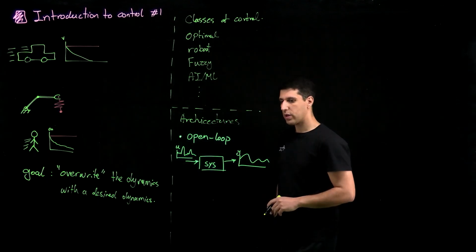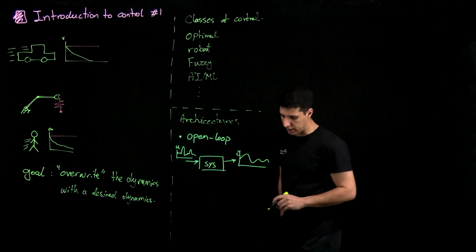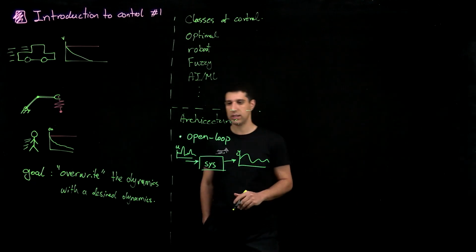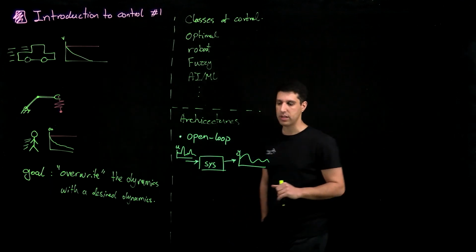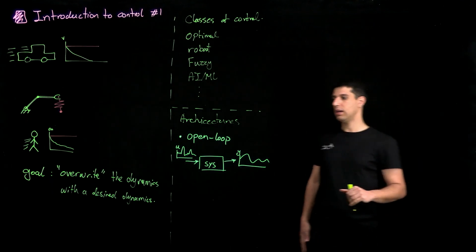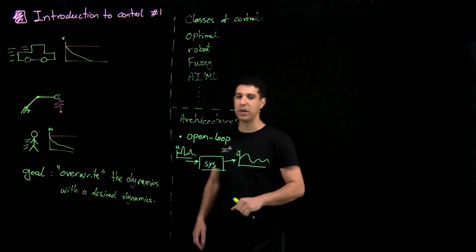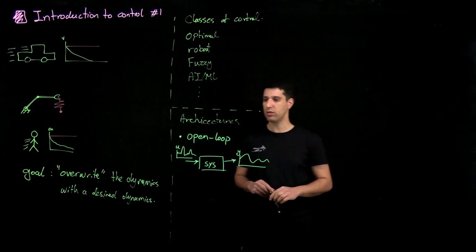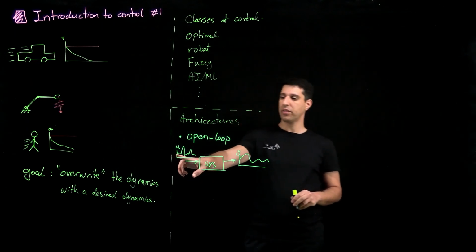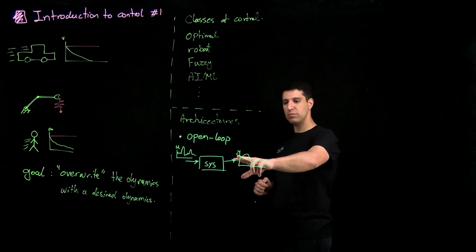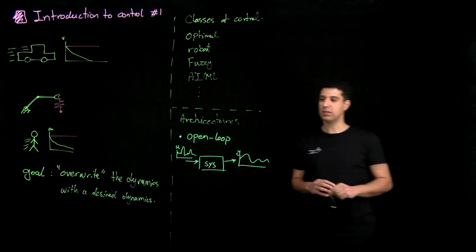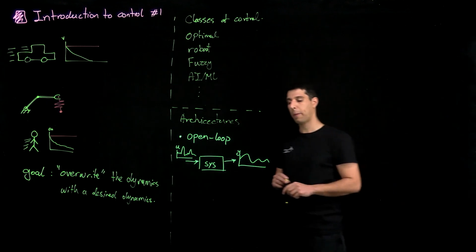So this, as you can imagine, is not very robust, in the sense that if our real system, the physical system we are working with, is not exactly behaving the way we expect it to behave, what we give it as input may not necessarily give us the output that we like.